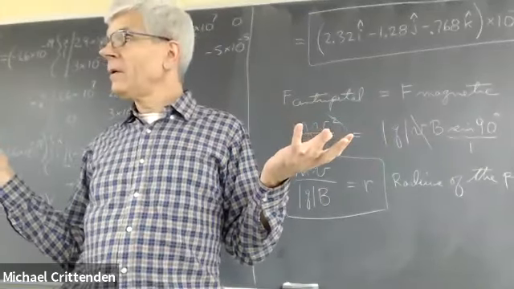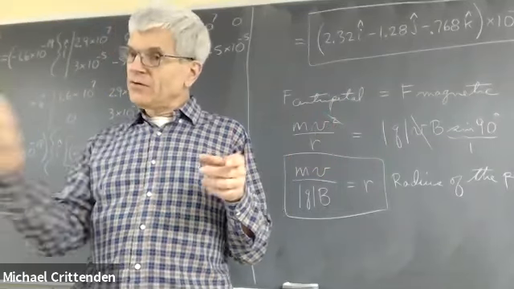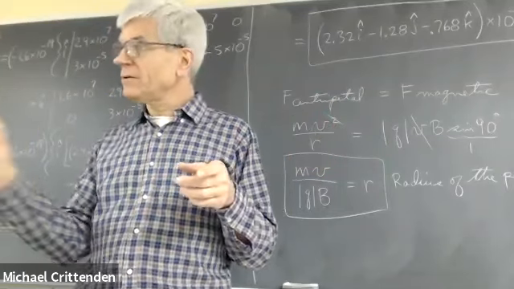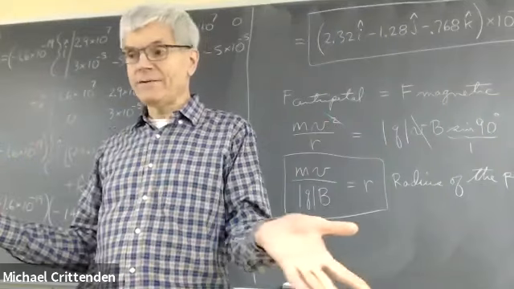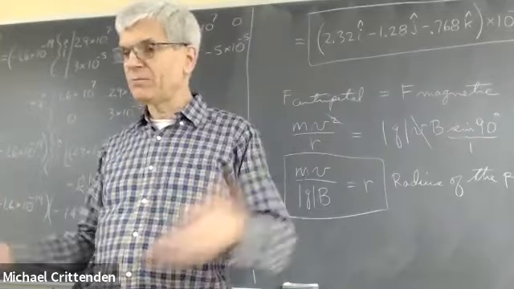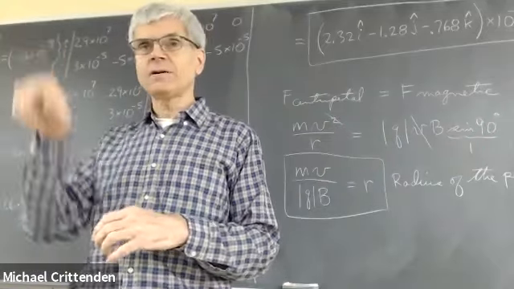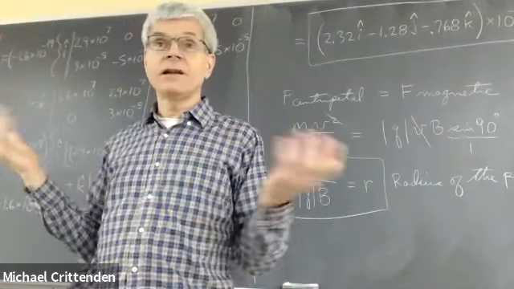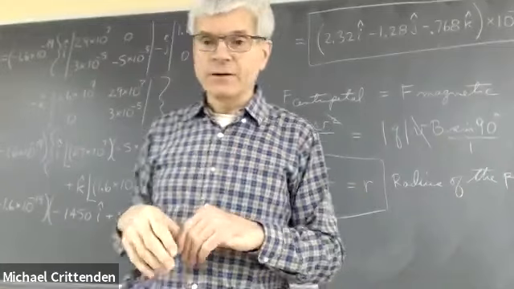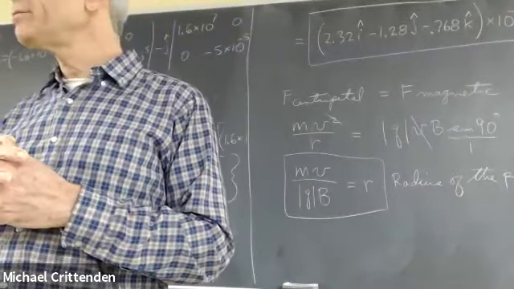Nobody knew for a little while, but Thomson was able to show that they were some sort of a stream of particles. Because if it was just a wave, like you have on the surface of a pond, for example, you wouldn't have this well-defined charge to mass ratio. And so that was the discovery of the electron at that point. Thomson was the first person to discover an elementary particle, I guess is the way we would put it today.